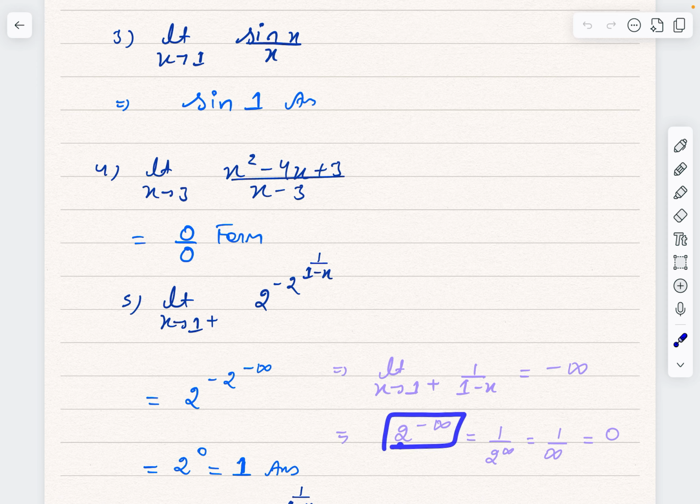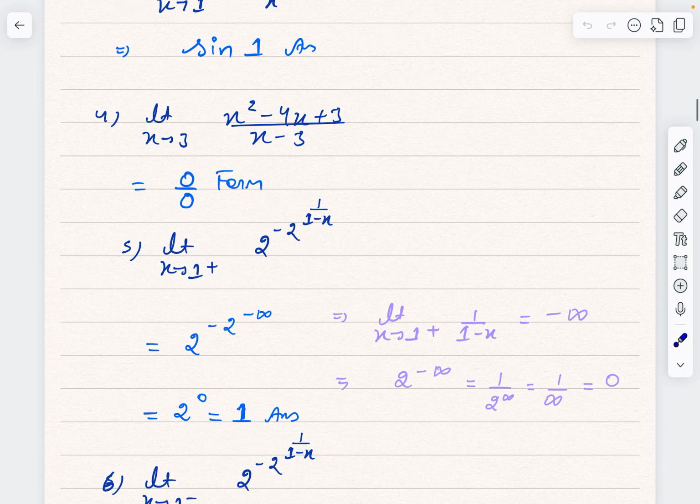We get 2 power minus infinity as 1 by 2 power infinity, which will be 1 by infinity. 2 power infinity will be infinity, no? So 1 by infinity will be 0. So you get 2 power minus of 0. Minus of 0 will be 0 only. So 2 power 0 will be 1.